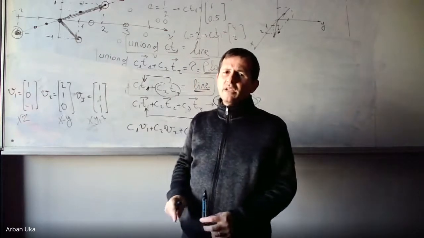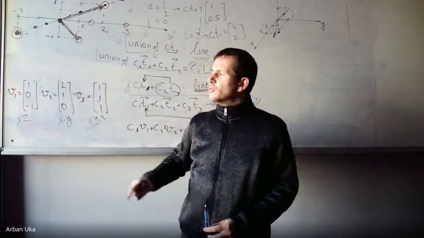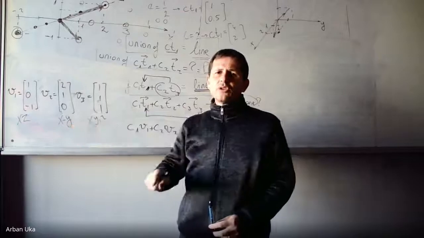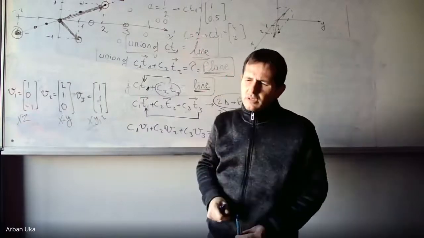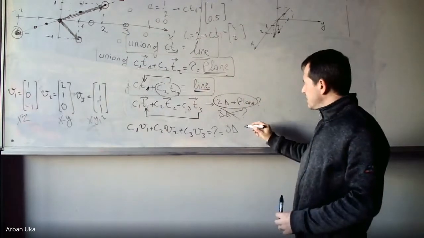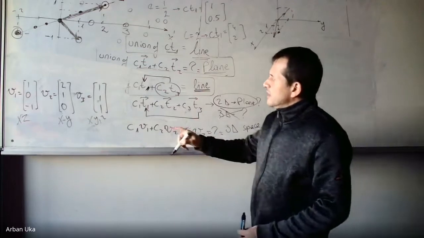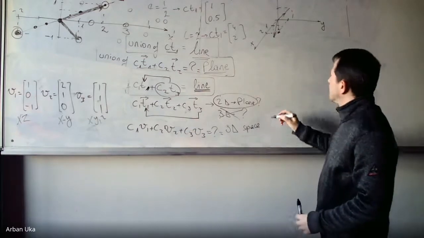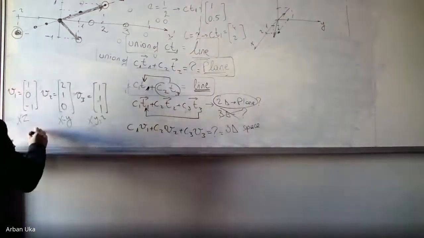You can define these three vectors in your room, and then using these vectors, you can go to any point in your room. You can go to the ceiling, to the lampshade, to your books, which means that they can span a three-dimensional space.